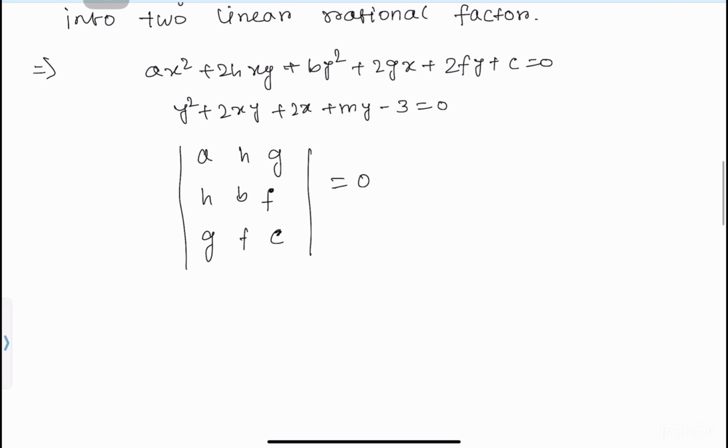Now if I compare the two equations, a equals 0, b equals 1, h equals 1, and from 2x, g equals 1. All are 1. And f equals m by 2, and c equals minus 3.